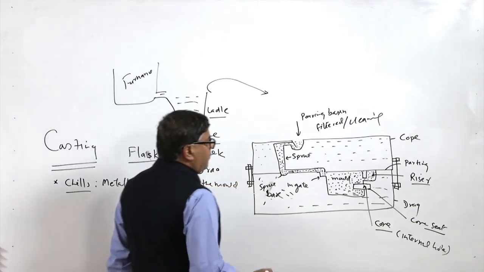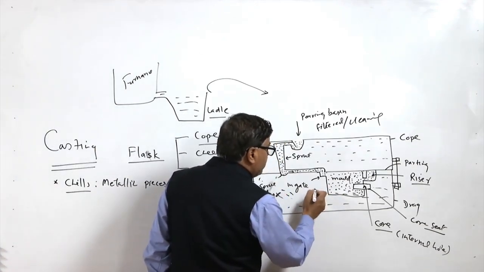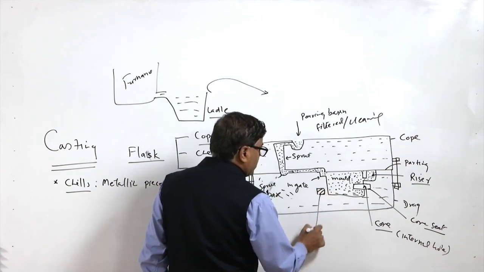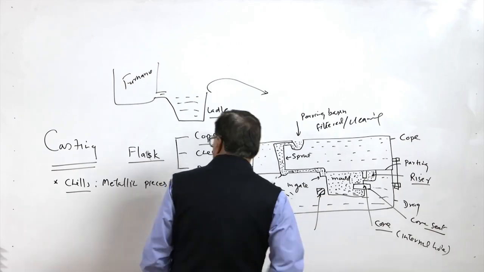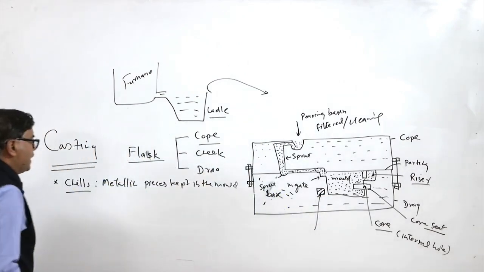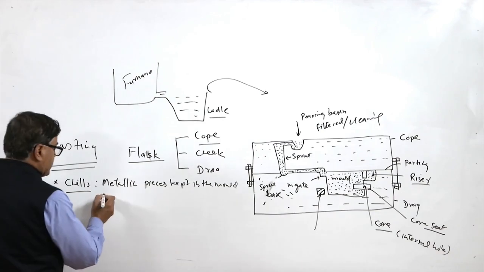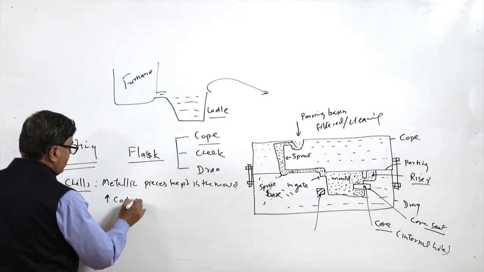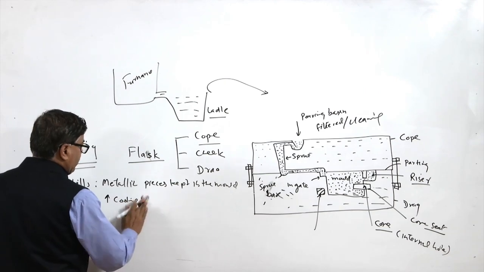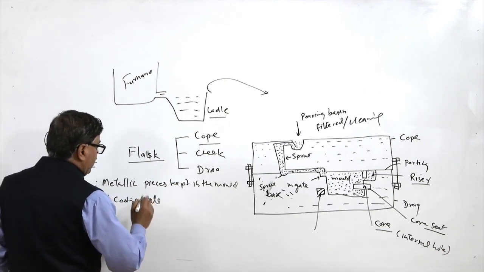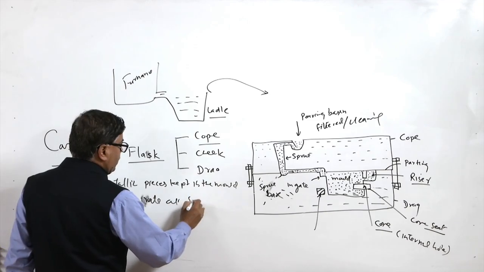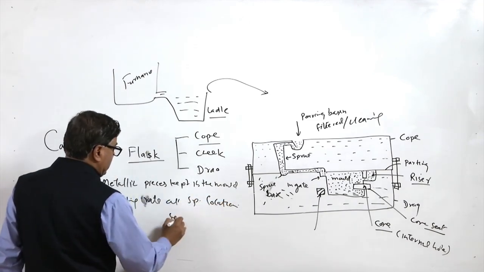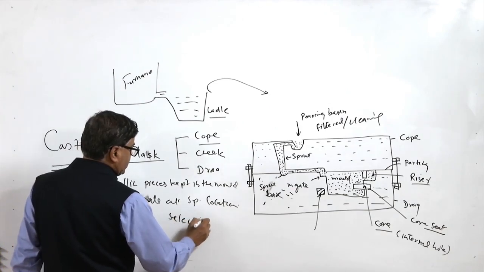Like say, the chills we may place in such a way, like this is the chill which has been placed in the mold. So, these are the metallic pieces, and the purpose is to increase the cooling rate selectively at a specific location.